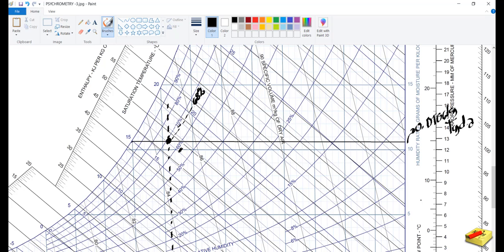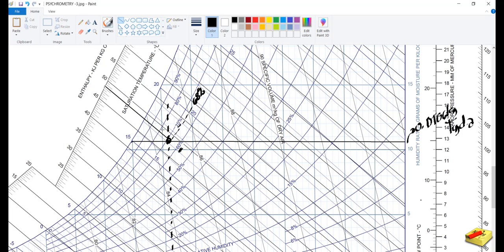68% relative humidity. Now for the enthalpy, we can draw a line here going here, parallel to the line of enthalpy. So we have the value of enthalpy.